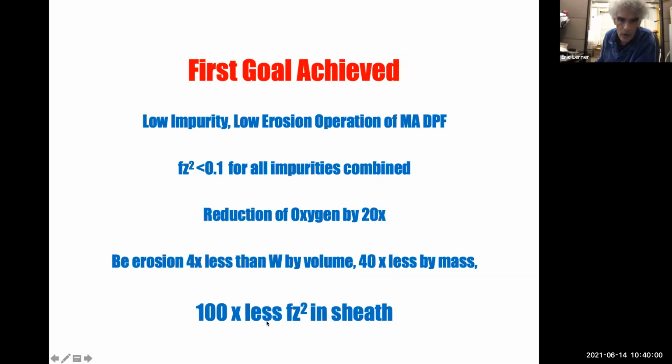And we did measurements that we had achieved low impurity, low erosion operation. The reduction of oxygen compared with the tungsten was about 20-fold. We were getting 40 times less impurities by mass, and into the sheath, we were getting at least 100 times less Fc squared, which is obviously a measure of the impact of the impurities on the plasma.